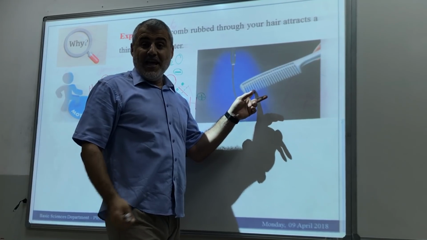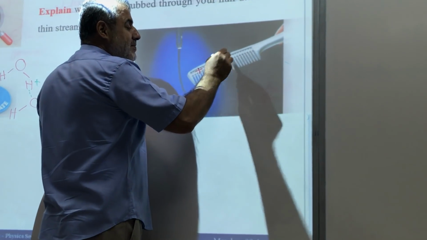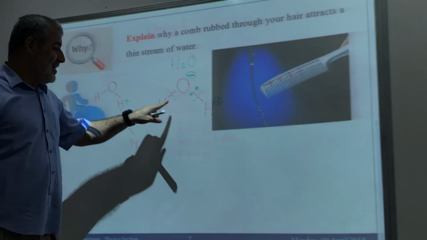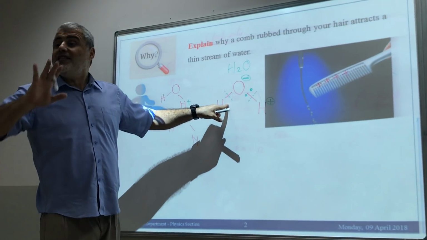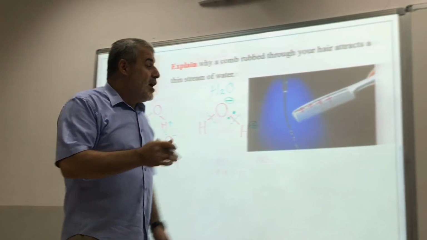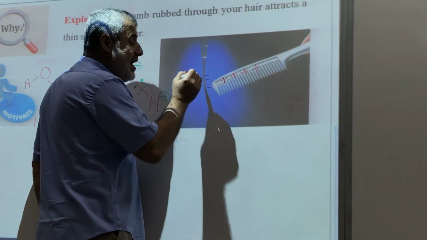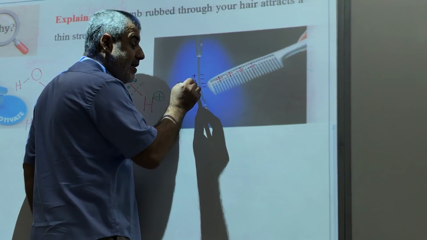Suppose this charge is a positive charge. Water is polar, that means there are different charges. What happened? The negative charge they will attract from the water, and the positive charge they will repel.